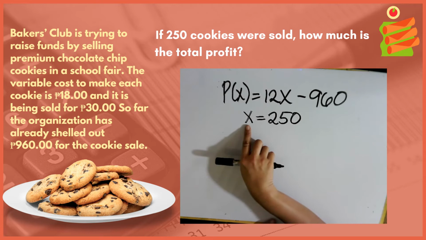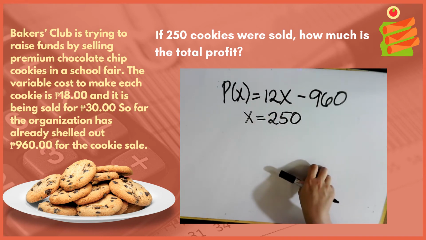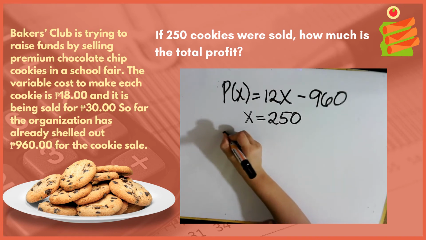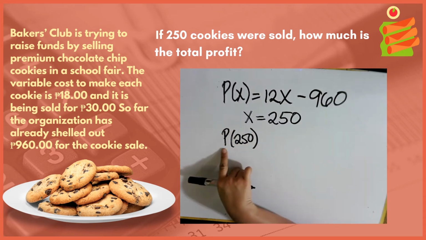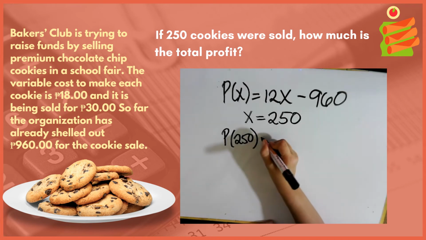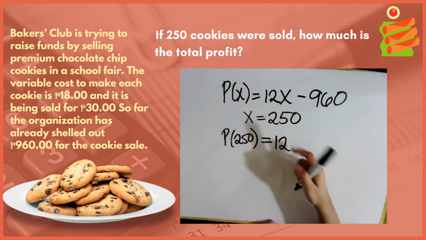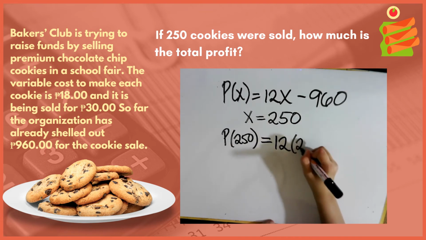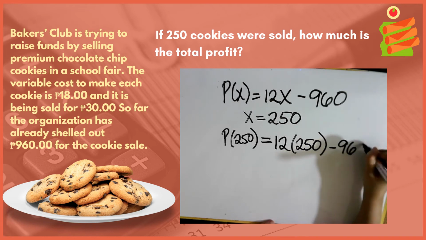So, we're going to substitute this value to know kung meron ba talagang kikitain o wala. So, P of 250 or the profit if we sold 250 cookies is equal to, so copy 12, then replace X by 250 minus 960.